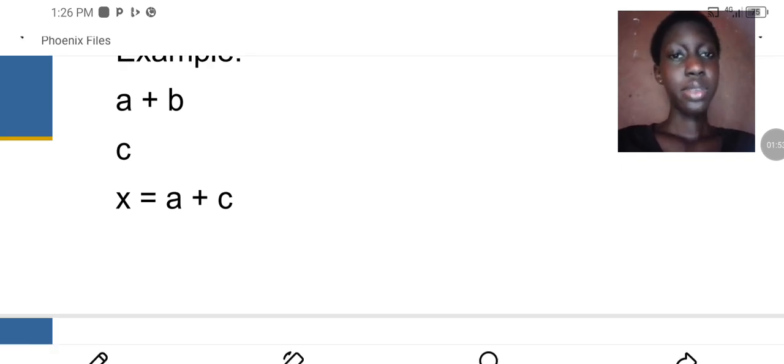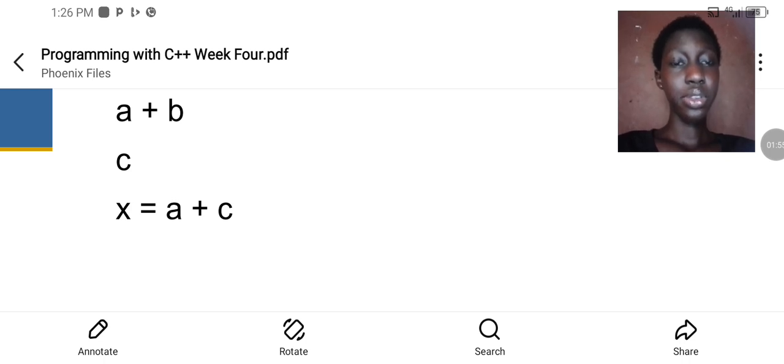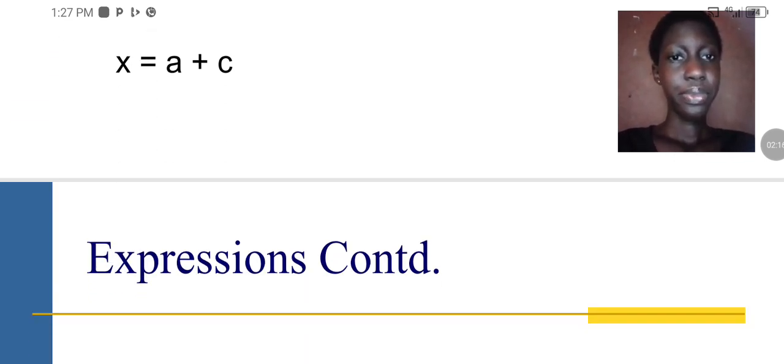And for the last one, we have x = a + b. Here x is the variable storing the value of the sum of a and b. The equal sign is an operator, a is the first operand, the plus is another operator, and b is the next operand.